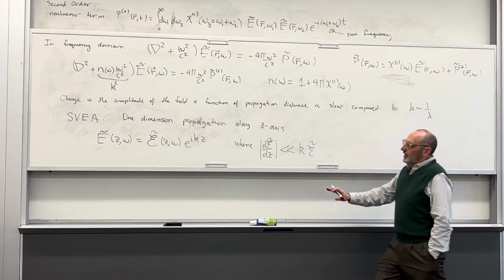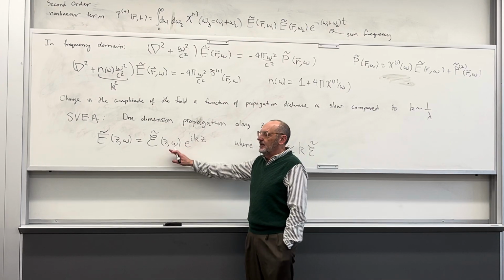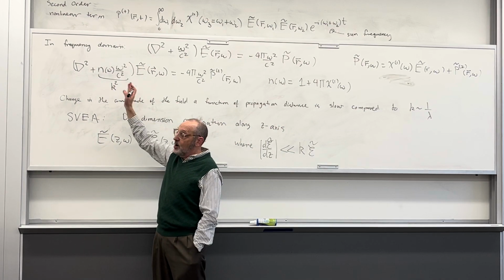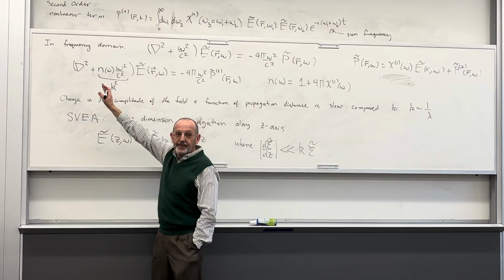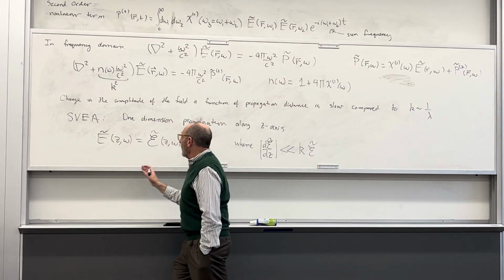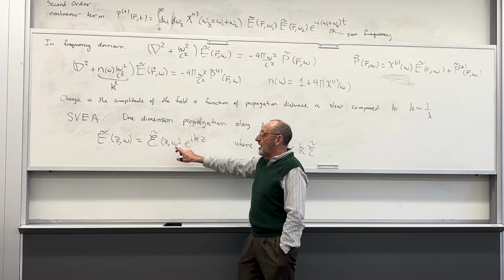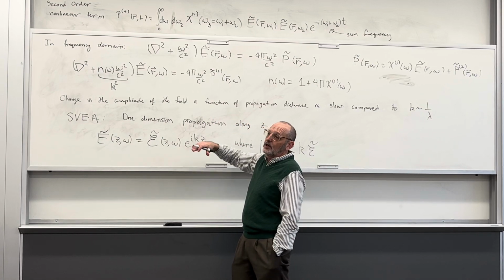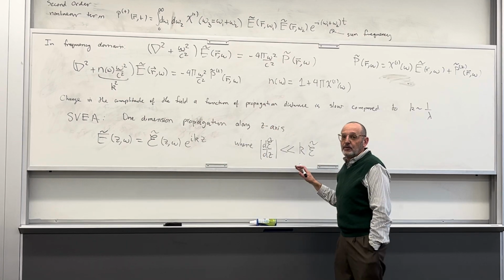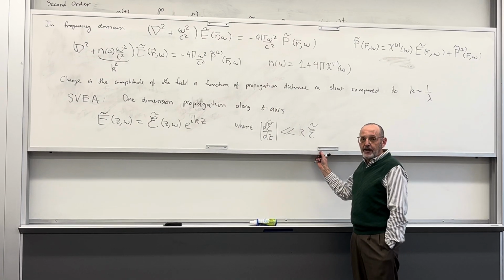Okay, so if I didn't have any change at all, I just have a plane wave solution, for example, if there was no source term, I can think about a plane wave solution to the wave equation. But I'm going to have an amplitude that modulates this, which is going to grow in some way, but slowly compared to the wavelength. Okay?